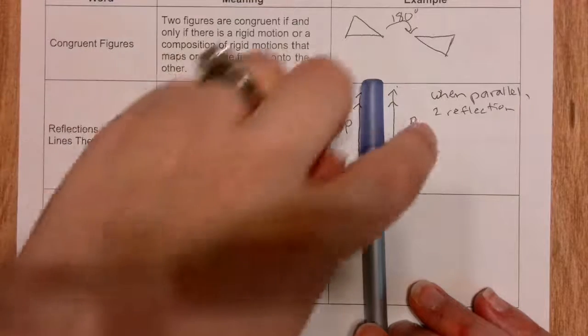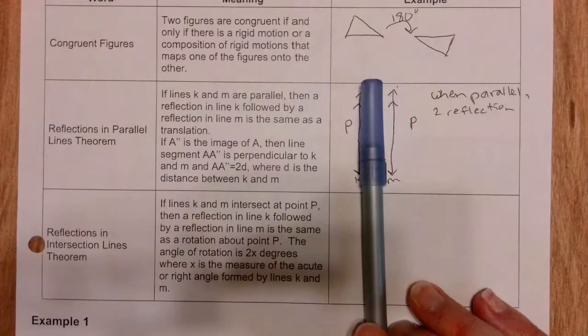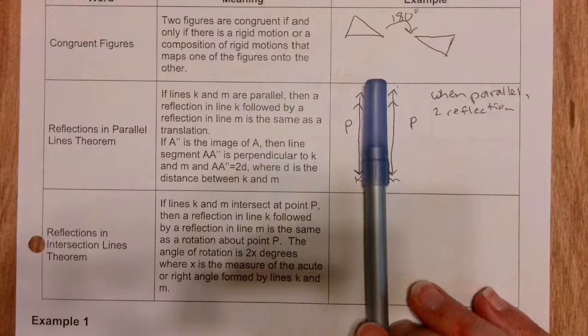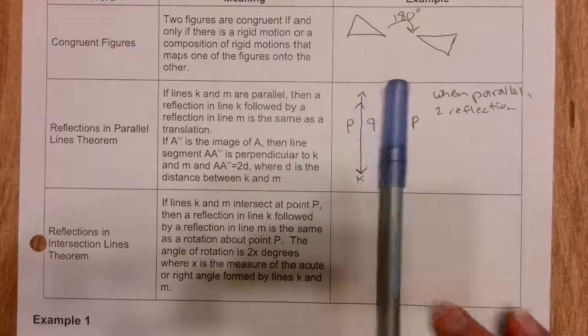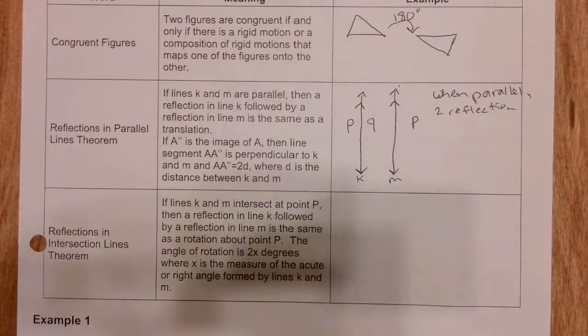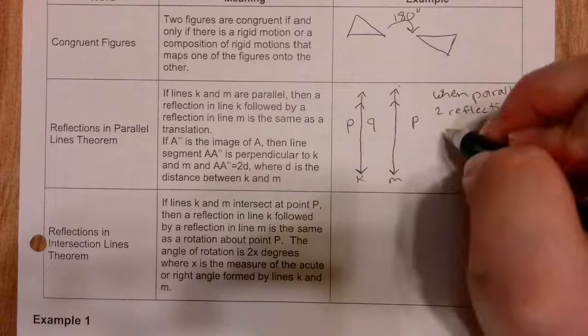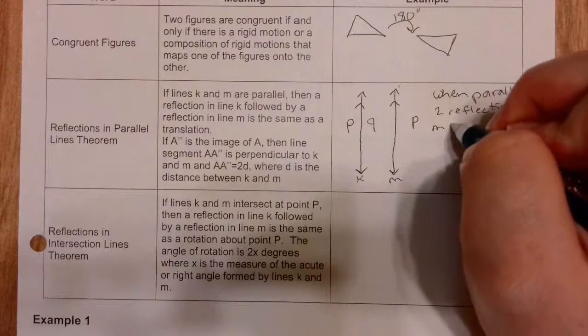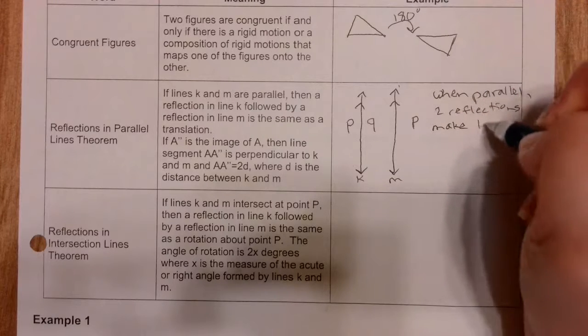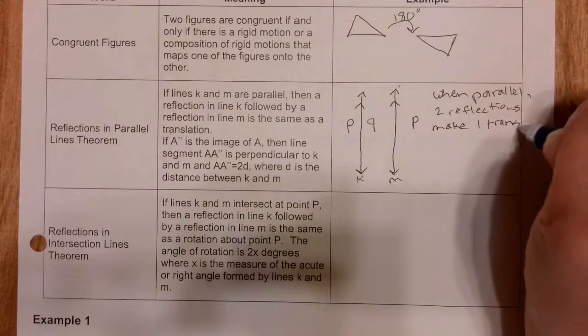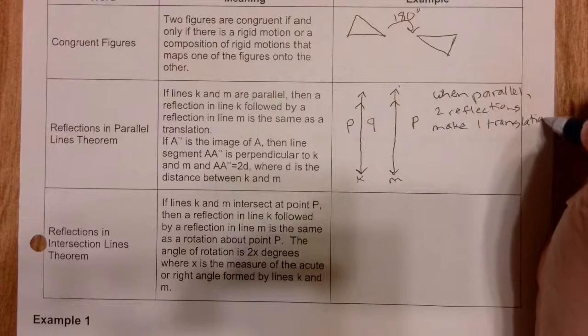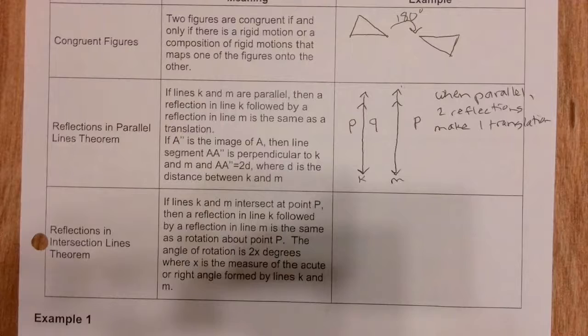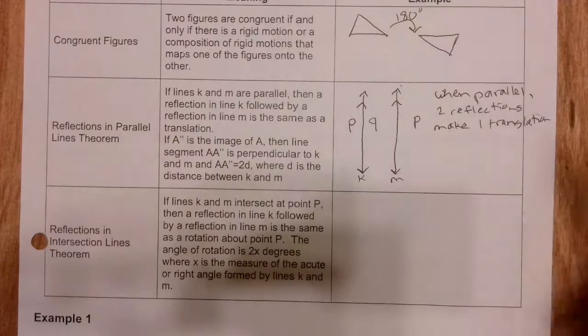Well, from the first P to the last P, did you slide it? Did you flip it? Or did it turn? If you couldn't see the middle picture, it looks to me like it was just slid over to the right. So when parallel, two reflections make one translation. So instead of reflecting and then reflecting again, we could have just slid it over.